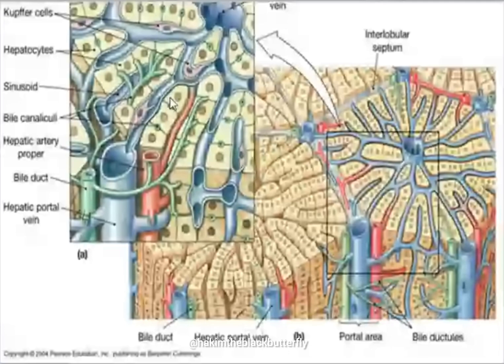And that is where exchange of substances between the hepatocytes and sinusoids takes place. The substances cross the space of Disse as the blood is being detoxified. That space of Disse is also very important. And we are going to look at it in detail.